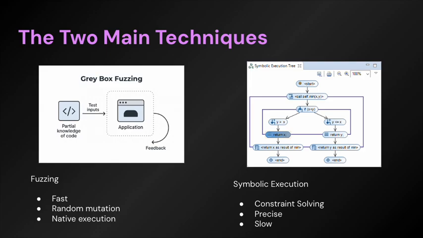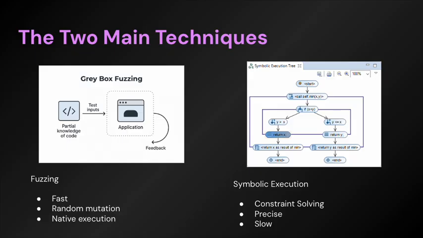But fuzzing has a big limitation. It struggles when a program requires very specific input values. For example, imagine a program that checks if input equals a specific magic number. A fuzzer randomly mutating input might take an extremely long time to guess that exact value.